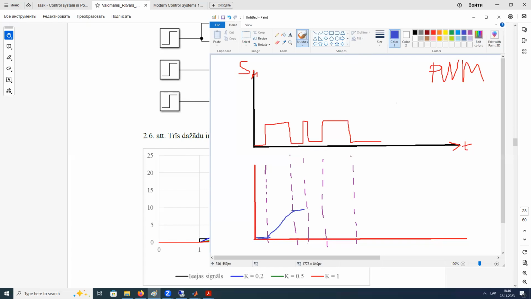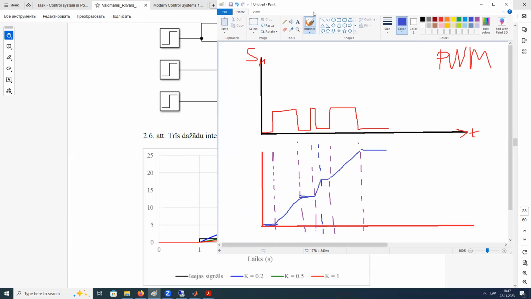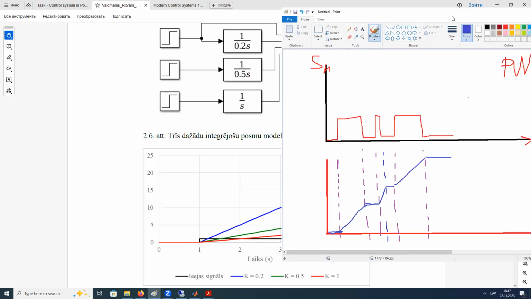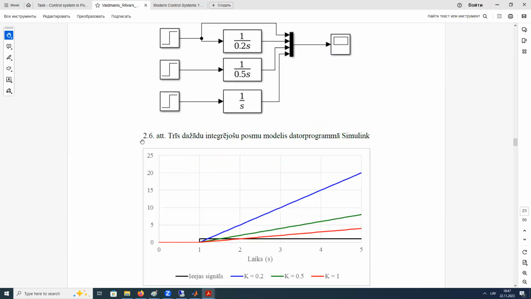Now we don't have a signal, so nothing is happening. We get a signal, okay. Nothing is happening. We get a signal, nothing is happening. This is how an integrator operates. So based on this coefficient, we get this angle. Okay, this is an integrator.